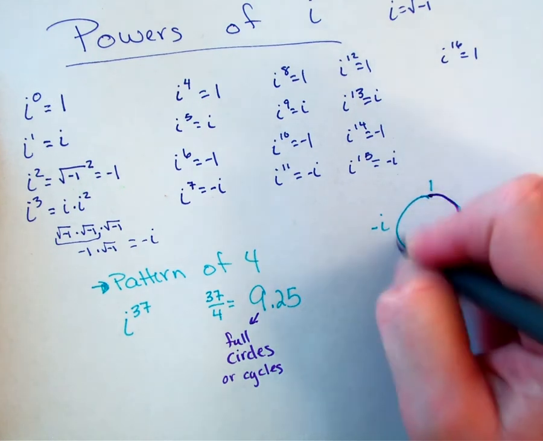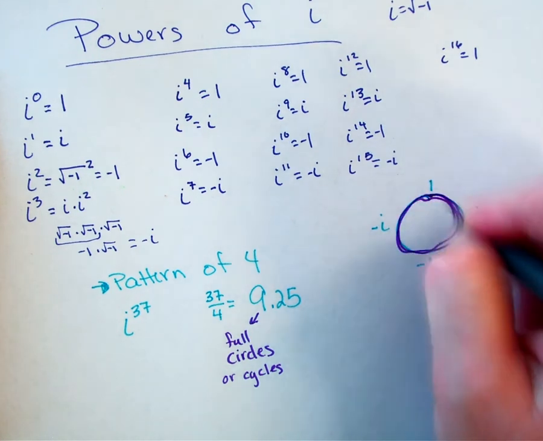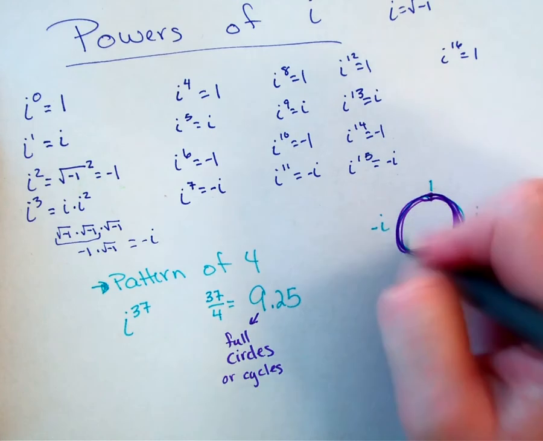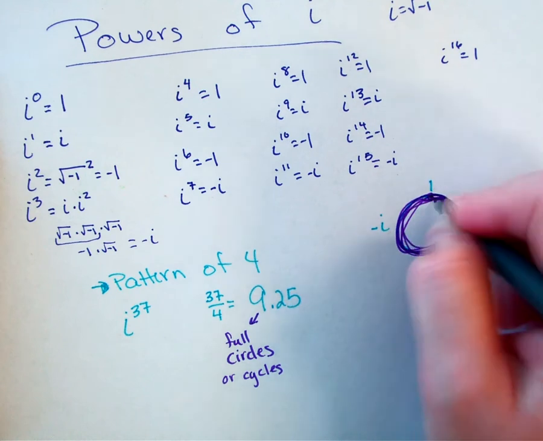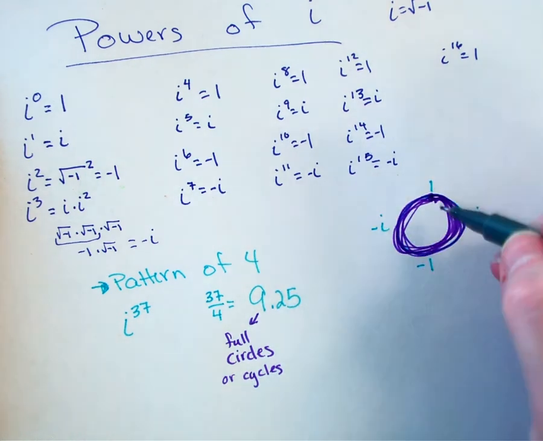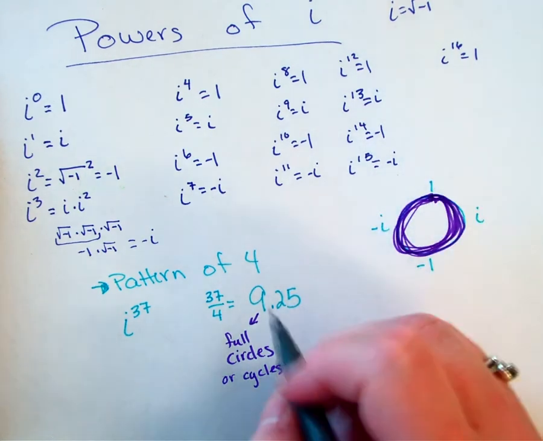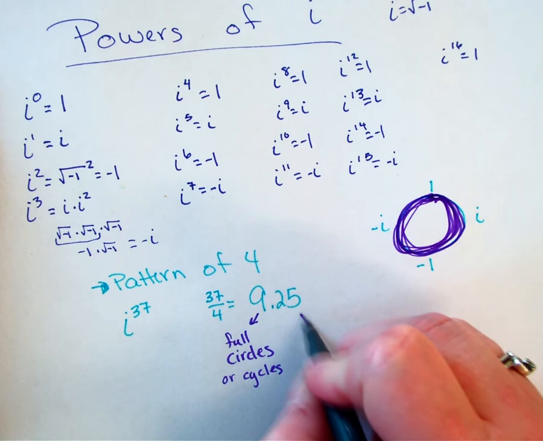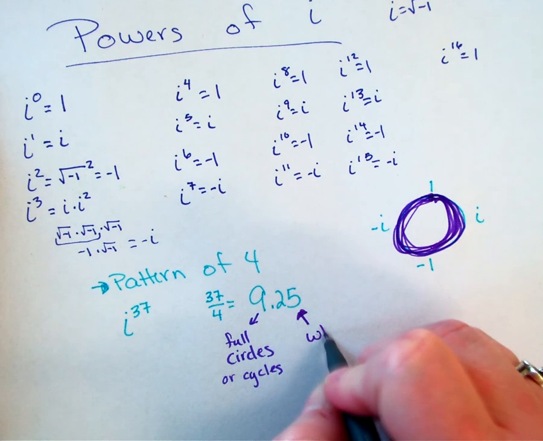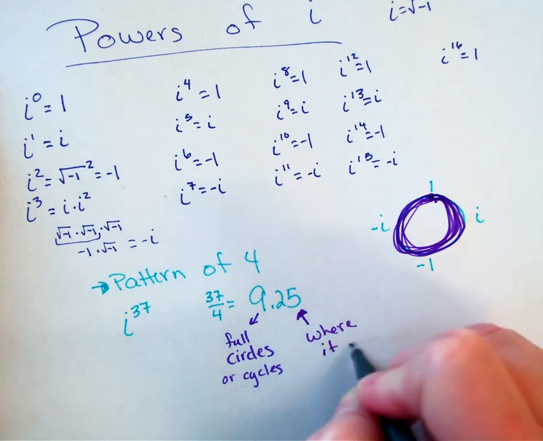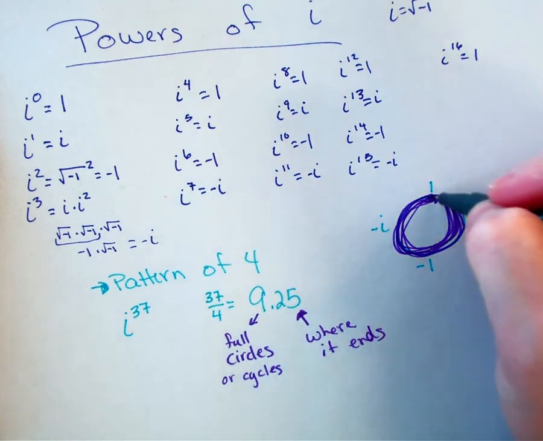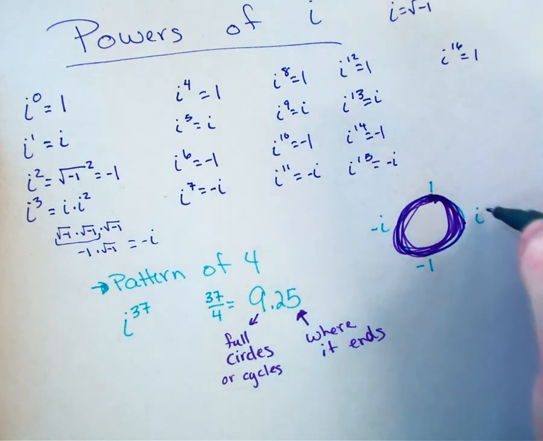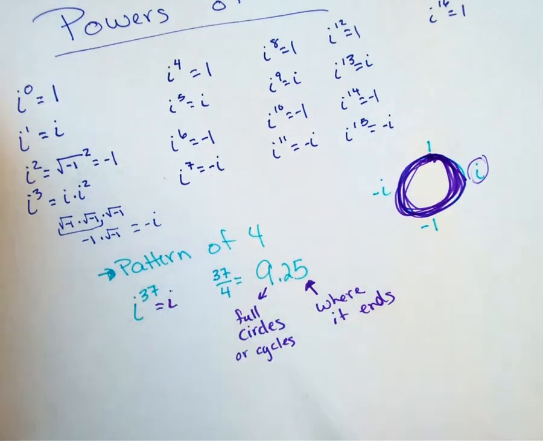And it's going to go around 9 full times. So I'm still up here. And then this has 0.25, and that's where it ends. It does a quarter circle. So if I'm up here at 1, my quarter circle is going to put me down at i. So i to the 37th reduces to simply i.